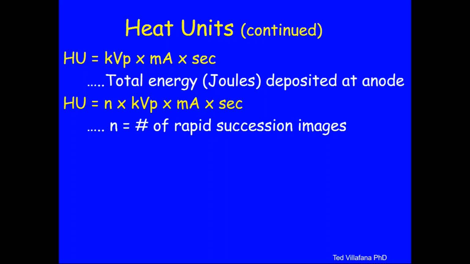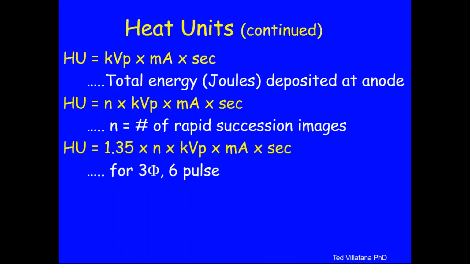When you do that, it's as if you had a very long exposure. Usually the exposure times are very short between exposures, so that it's as if you took one long exposure. So the way you handle that is you just throw in how many images that you take in that rapid sequence. So multiply the heat units with that parameter n, the number of images that you have just acquired.